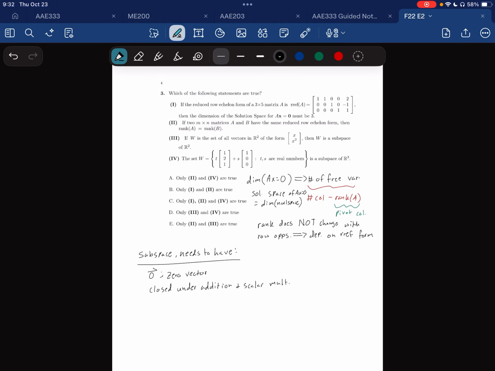And if I'm looking at option 4, the set W, T(1,2,1) plus S(1,0,0), where T and S are real numbers, is a subspace of R3.